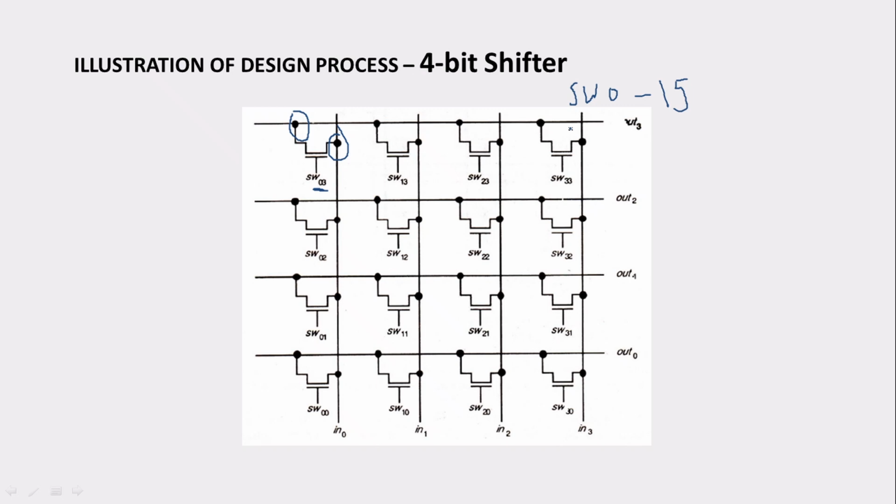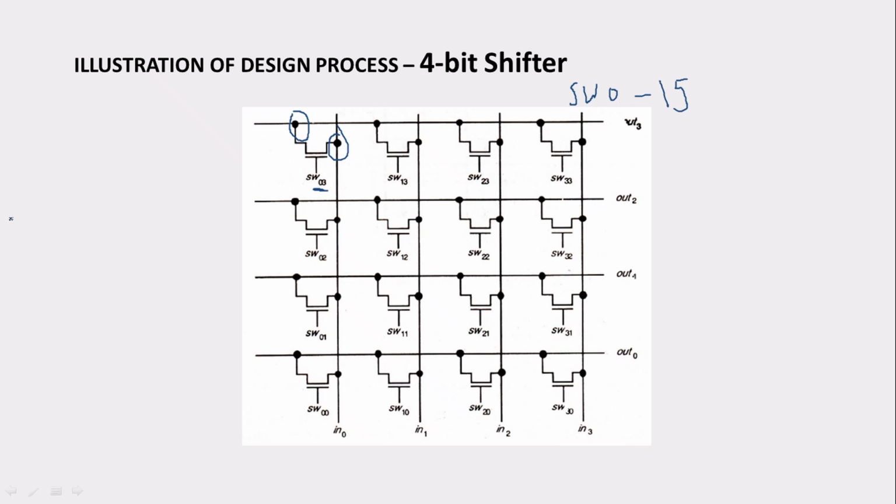Let us look into this particular example. Combining the things means I'll be grouping the switches into four different groups.